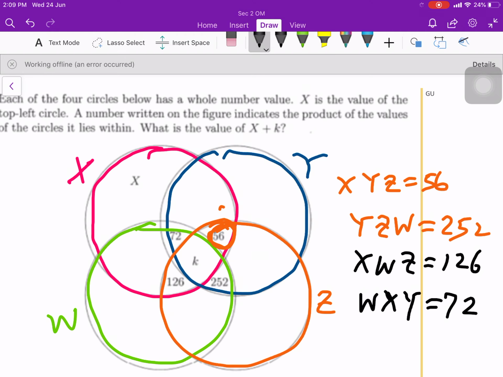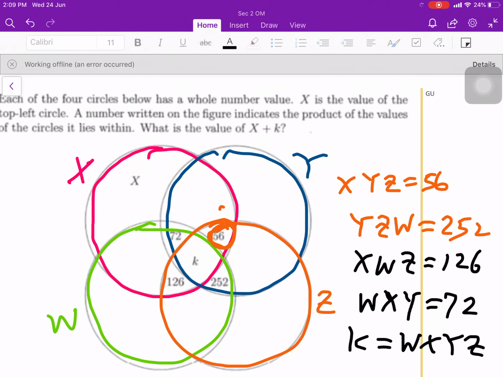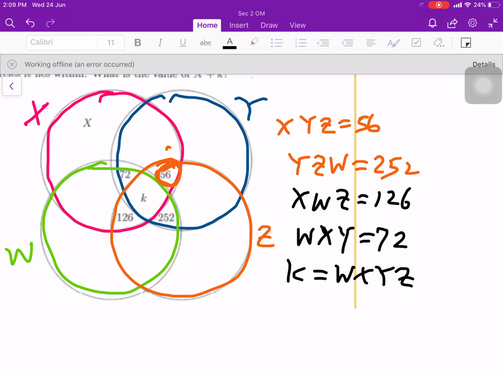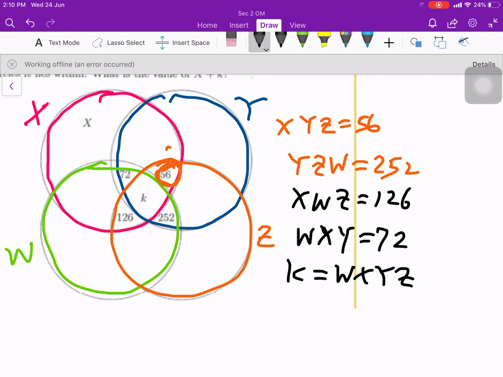Then can you see that your k is actually the product of the fourth circle, which is wxyz. Therefore, can I say that I cube it? That k cube will be just equal to w cube, x cube, y cube, and z cube, right?